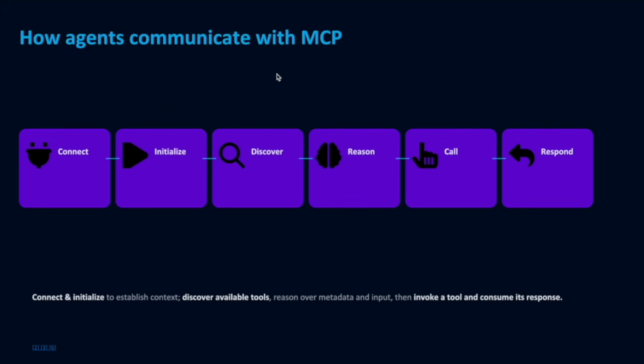Now, how do agents communicate with the MCP server? It is a process, and many people will not explain how the MCP communication happens. I'm also going to show you using Postman or curl commands. I will act like an agent myself and show you how this agent actually communicates with the MCP server.